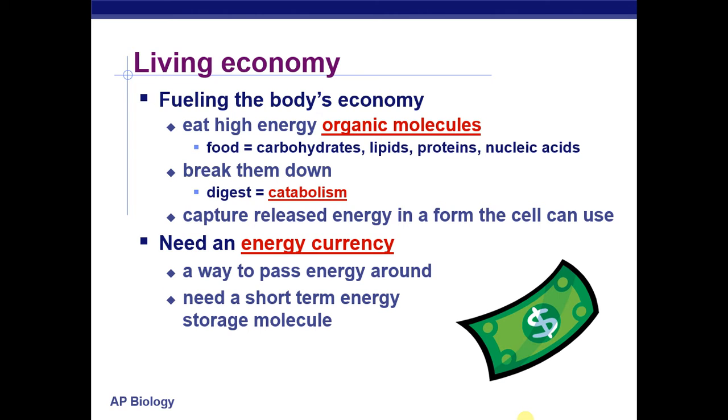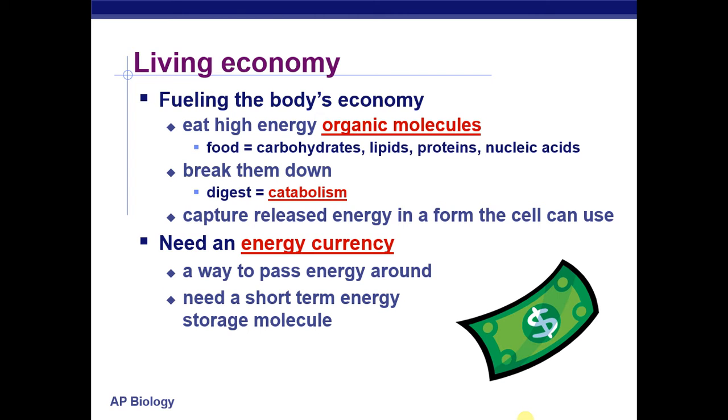So that's why when we ingest, taking in energy, eating organic molecules like carbs, lipids, proteins, nucleic acids, our body first breaks them down in digestion, a catabolic reaction, to capture the energy that's being released from those organic molecules we're breaking down.